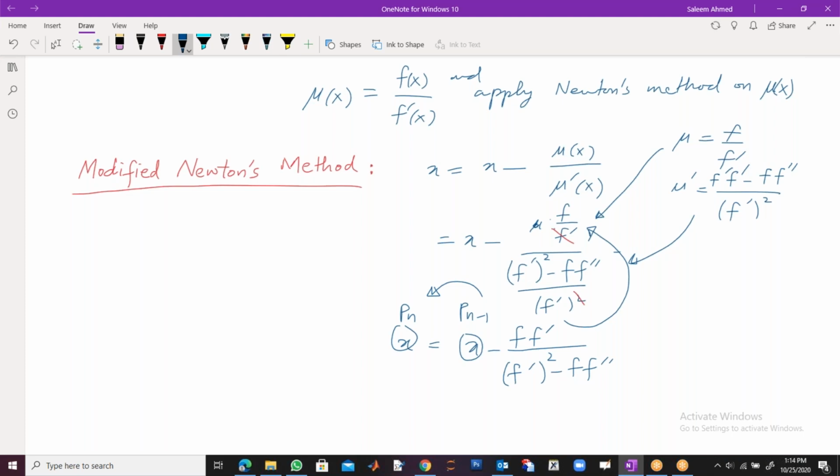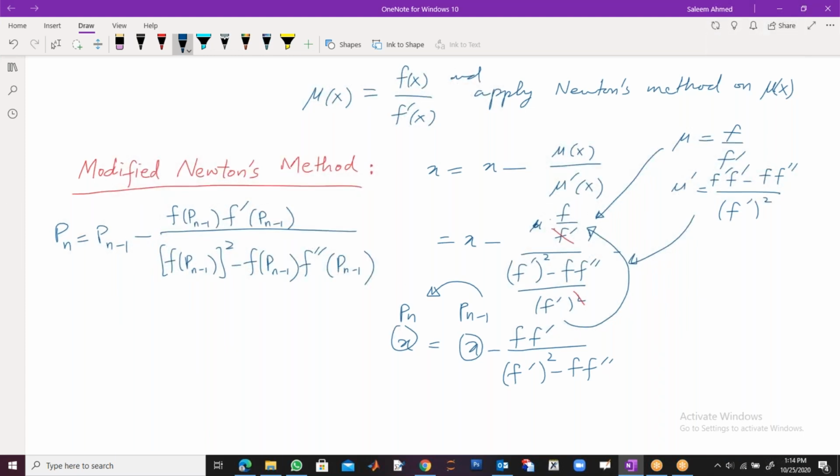So modified Newton's method becomes p(n) equals p(n-1) minus f at p(n-1) times f prime at p(n-1), divided by f prime squared, so again it is f at p(n-1) squared minus f and f double prime, so f at p(n-1) times f double prime at p(n-1). So this is my modified Newton's method.